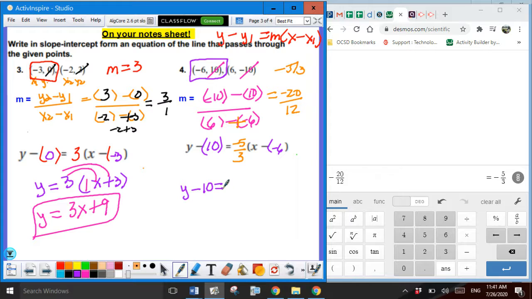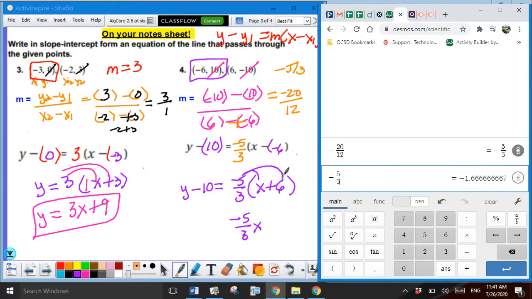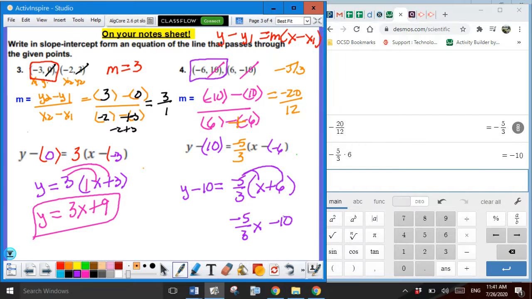So y minus 10. The negative 5/3 is going to drop. What happens on the right side? Negative negative is a positive, so x plus 6. Okay, let's distribute. That one's easy. Negative 5/3 x. Let's do this one. Negative 5 divided by 3, times 6, I get negative 10.